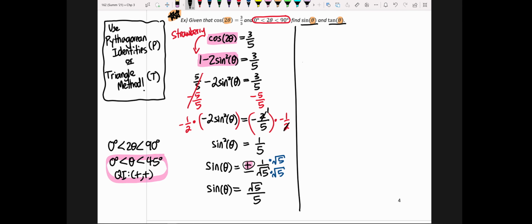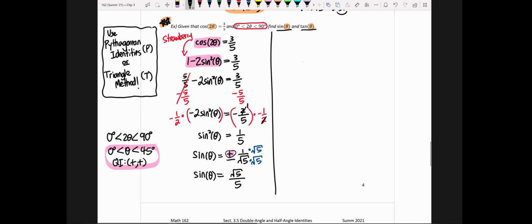That's applying our double angle identities. We want to find sine of theta and tangent of theta. If we were using Pythagorean identities, given sine, we can find cosine.